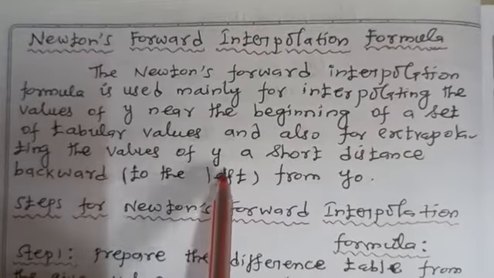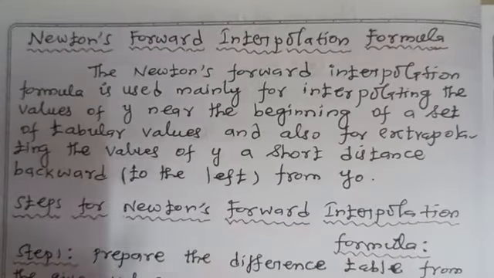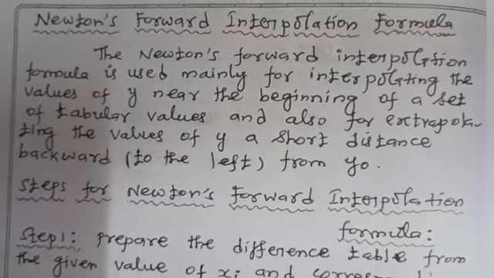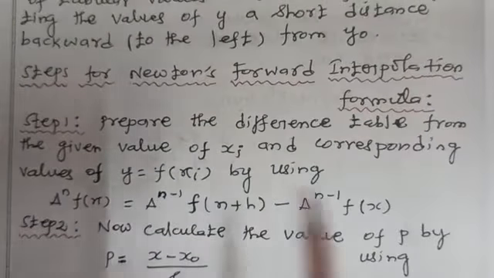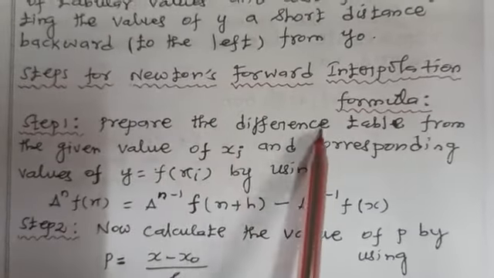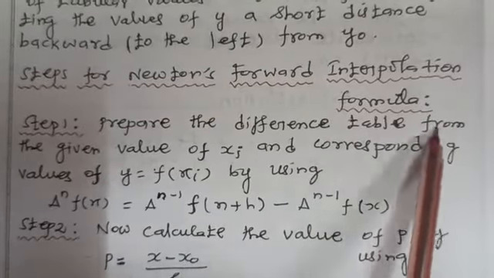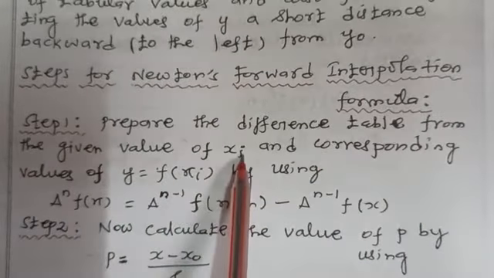In Newton's forward interpolation, three steps should be satisfied. Step 1, prepare the difference table from the given values of x.